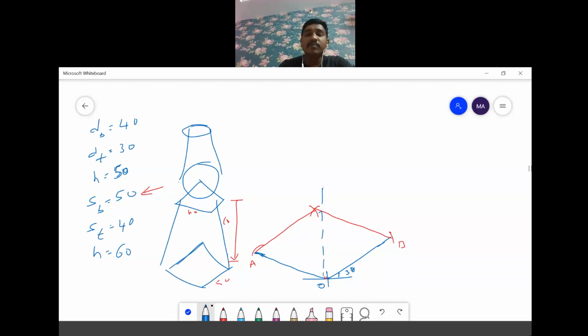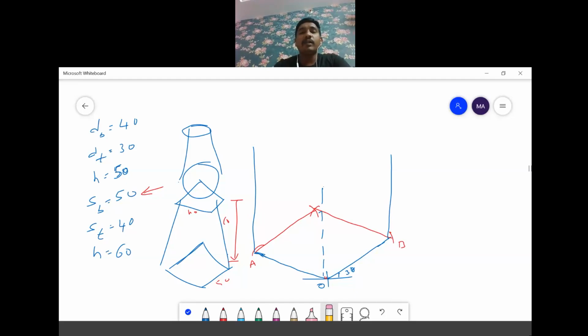This side 60 mm, this side 60 mm. I am extending it to 60 mm.